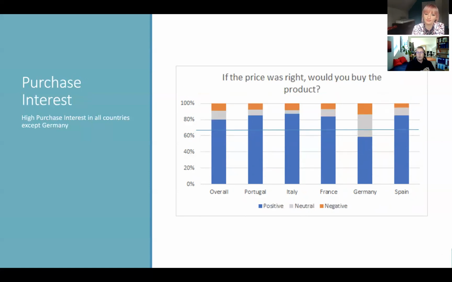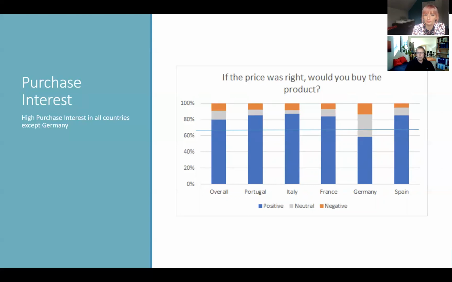But the second issue that the client wants to find out is: is it marketable in all countries? If you look at the purchase interest, if the price was right, would you buy the product? We see some remarkable differences: in the four Southern European countries, again, clearly more than 80% showed purchase interest.